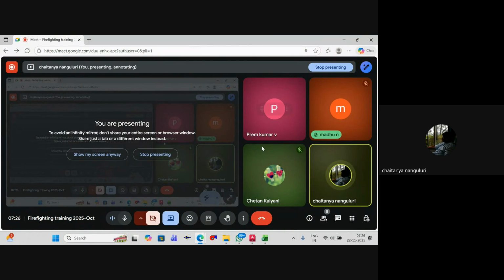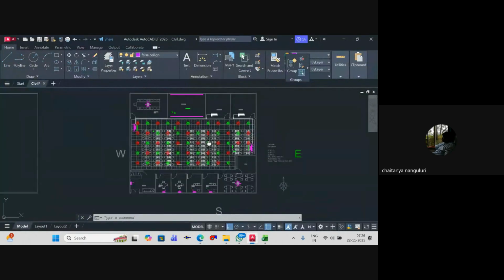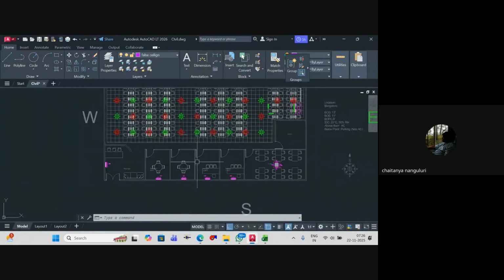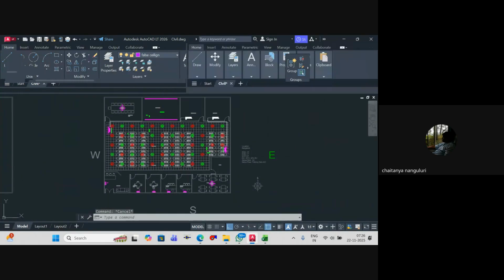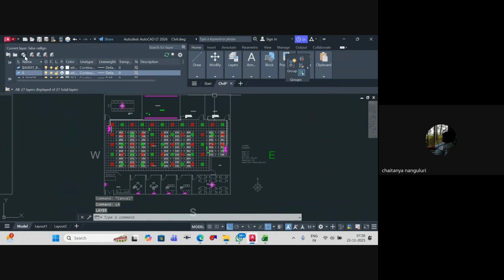Any queries as such, or nothing? Okay, fine. So now we'll be continuing with your detectors. I'll create a new layer for this, called detector.